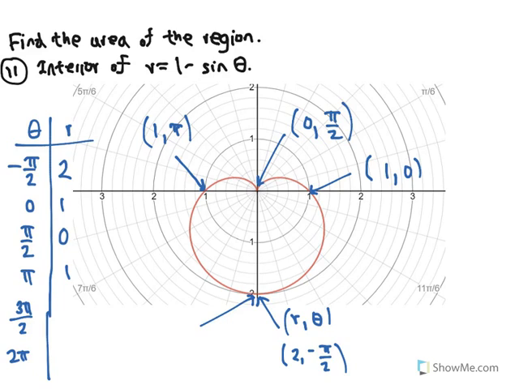Back here, you could assign this same point alternative coordinates, where r would be 2 and theta would be 3 pi over 2. Because remember, in polar coordinates, you don't have a unique representation for the coordinates of a point.